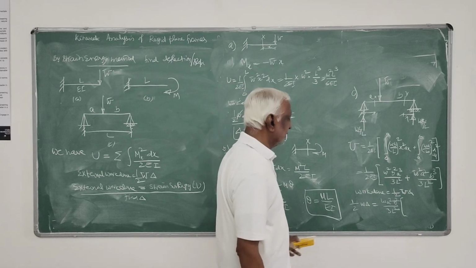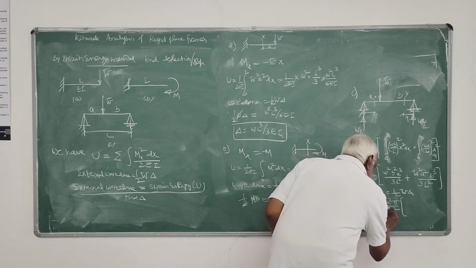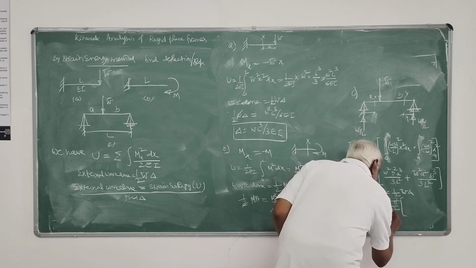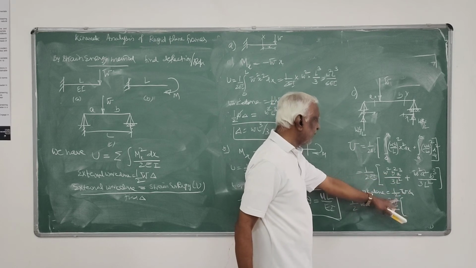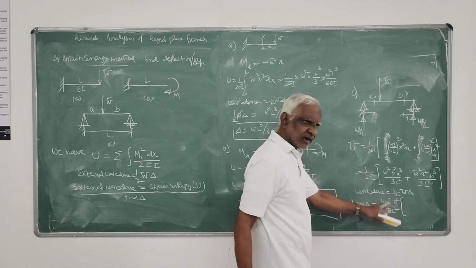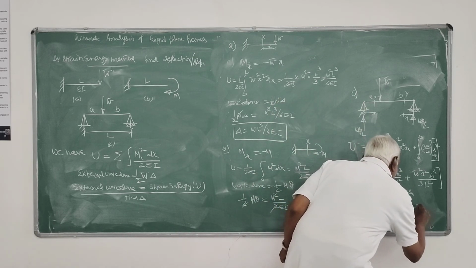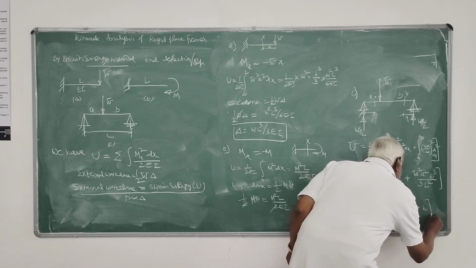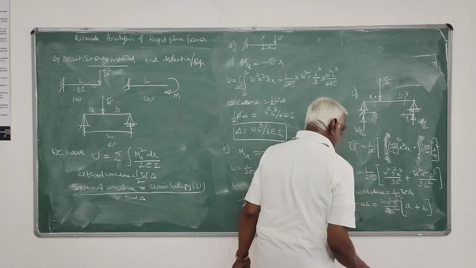Of course 3 into 2, 6 here. 6 EI. W square A square B square I will take outside. A square also A plus B, so here I will get L. A plus B is nothing but L, and that L and this L cancel.